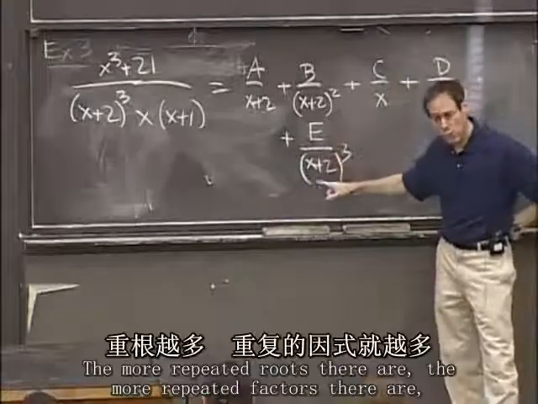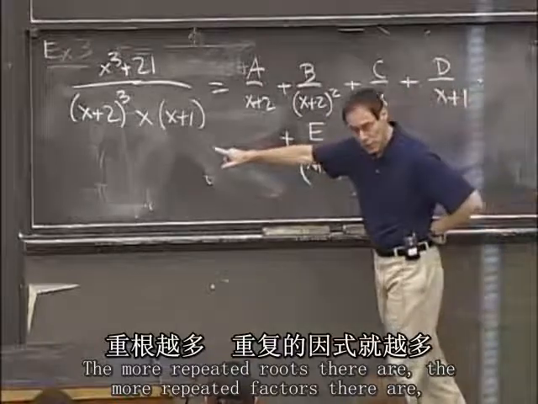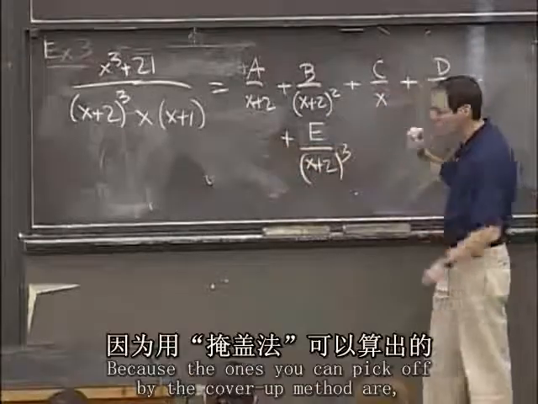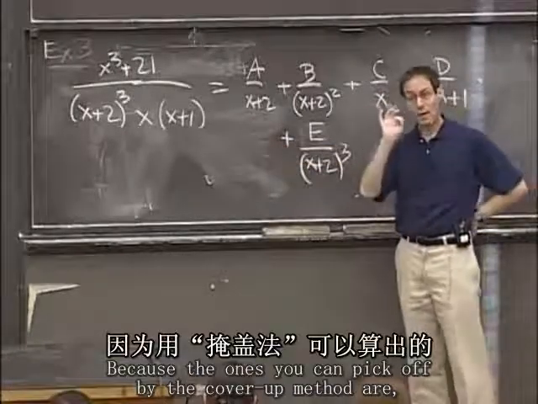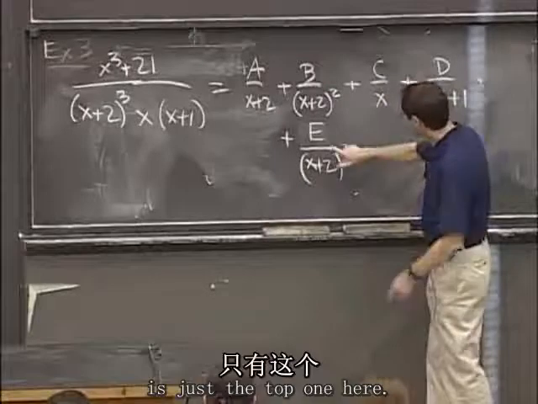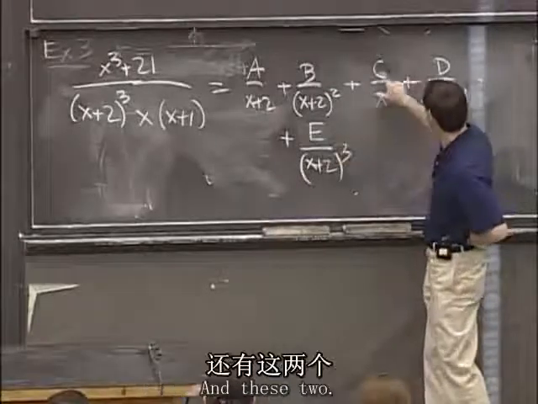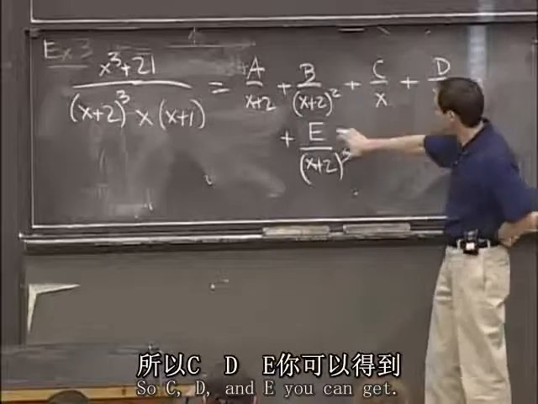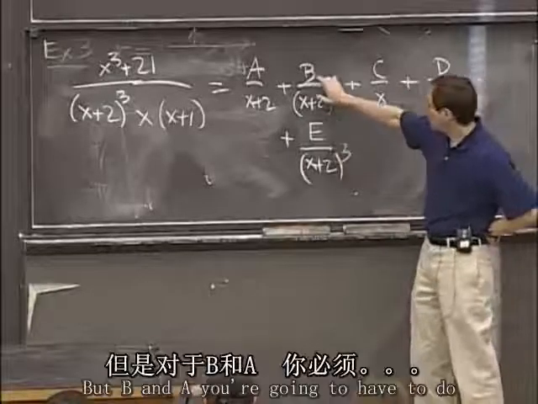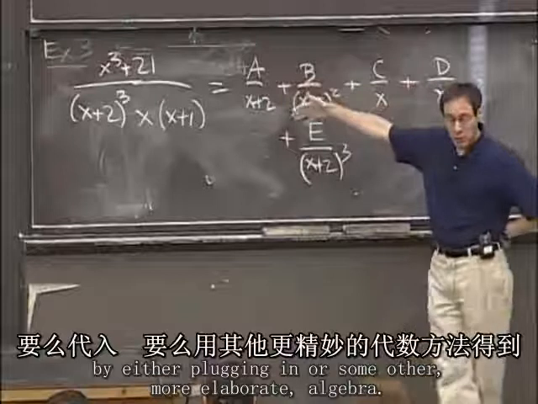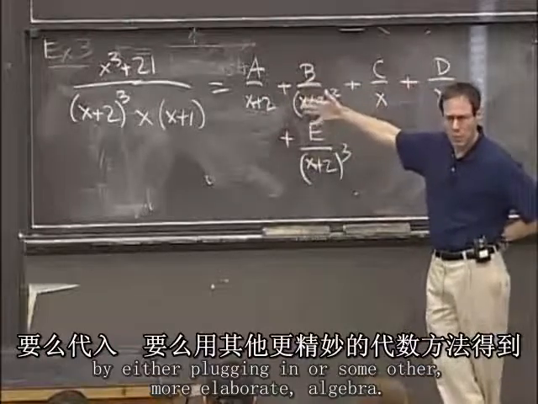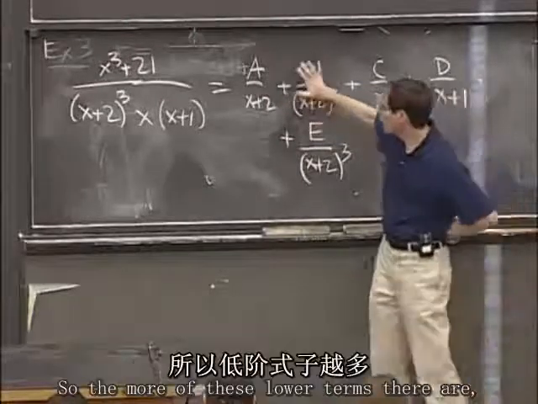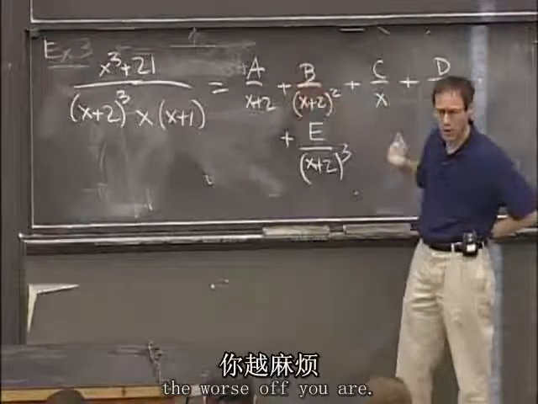The more repeated factors there are, the harder it is, because the ones you can pick off by the cover-up method are just the top one here and these two. So C, D, and E you can get, but B and A you're going to have to do by either plugging in or some other more elaborate algebra. So the more of these lower terms there are, the worse off you are.